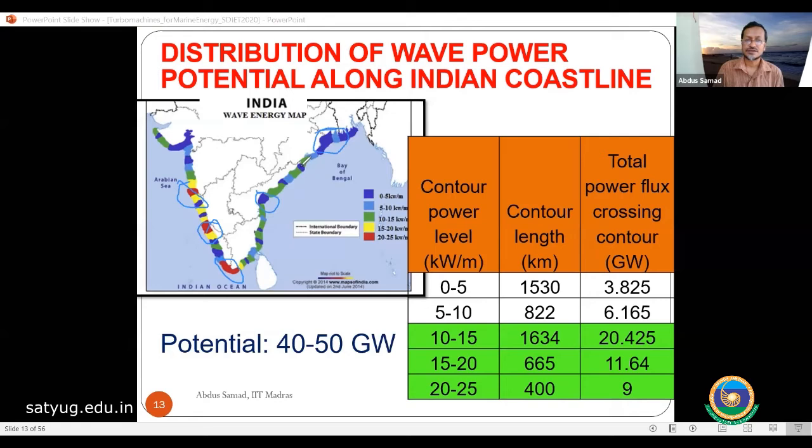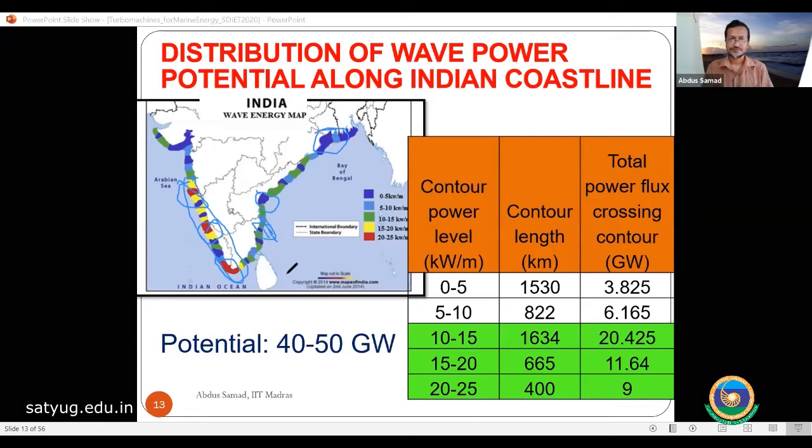West Bengal area, this Andhra area, very low. But the west coast, if you see, is much better. The Chennai area where we are located, IIT Madras, also has very low power potential. The red zone in the southern part, this Kerala area, is where India first installed its wave energy plant. Other areas are near Maharashtra and Karnataka.